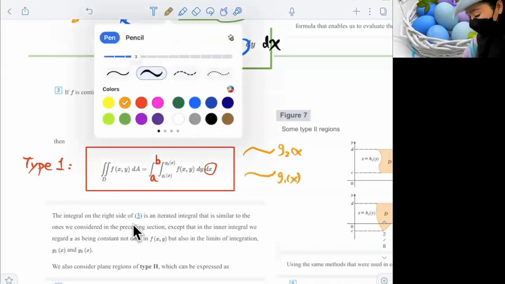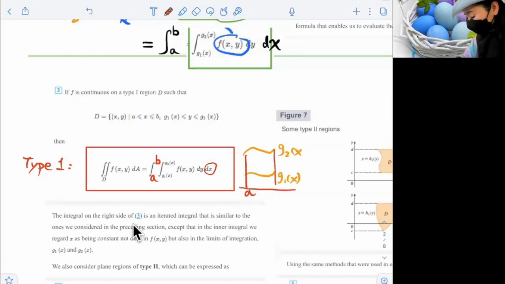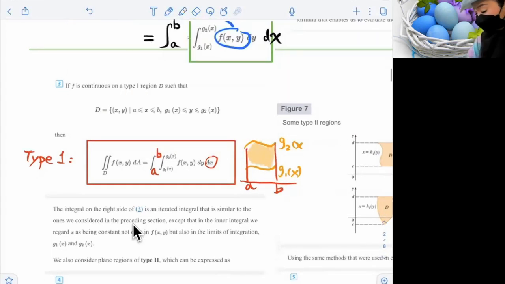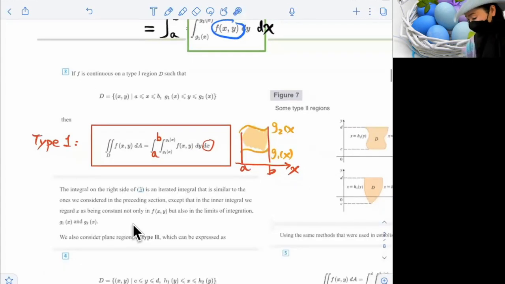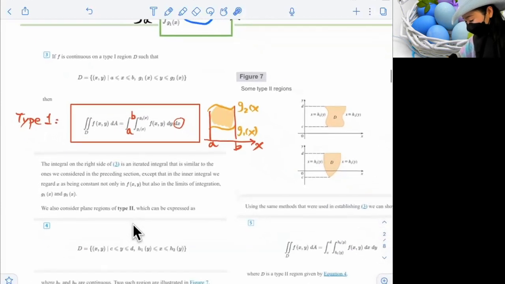Here this is a, this is b. When you have a region like this, you integrate with respect to y first, and x later. y goes from g1(x) to g2(x). So that was for type 1.